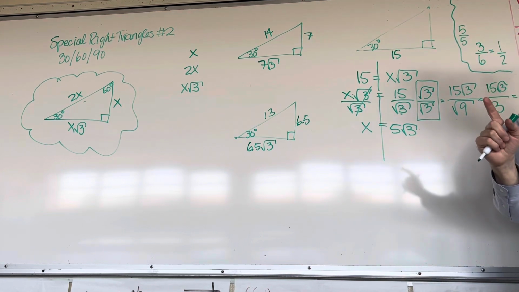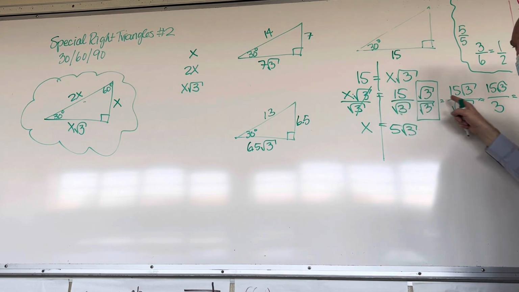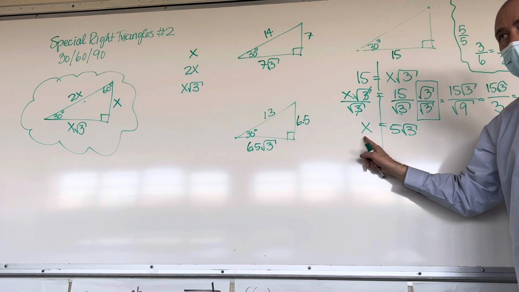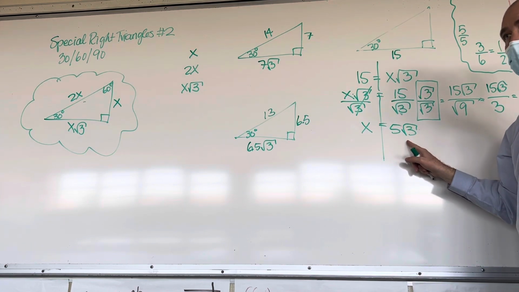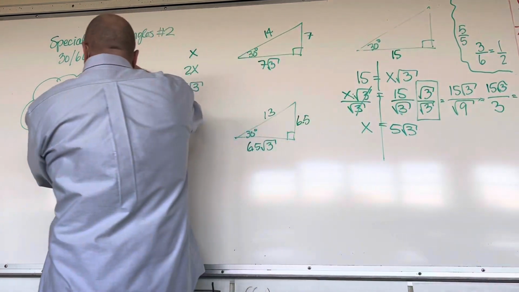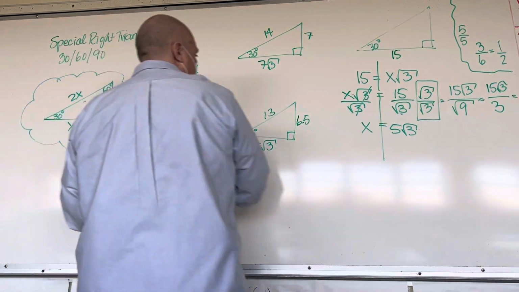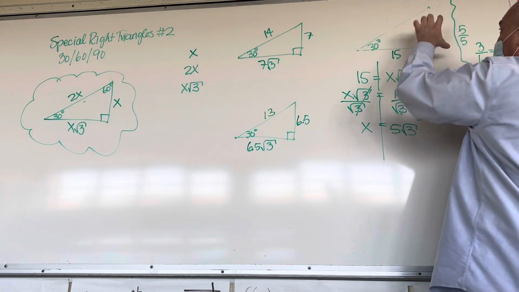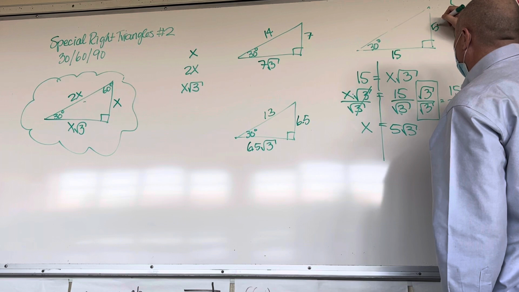So, don't make this too hard, okay, right here. This is the hard part. We did a lot of work. But what's this say right here? This side is x, and we solved for x, and it is 5 radical 3, so that's this side length.